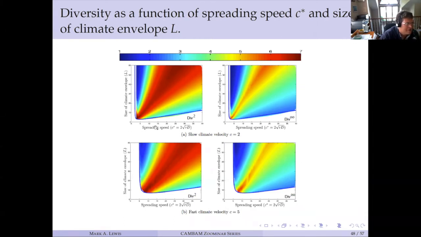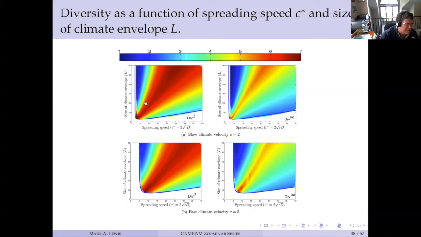If the spreading speed is too small, then we're in a region where the population diversity is 0 because the population doesn't persist. And again, if the climate envelope is too small for some given spreading speed, then the population won't persist either. So this solid line here shows the demarcation between persistence and extinction.